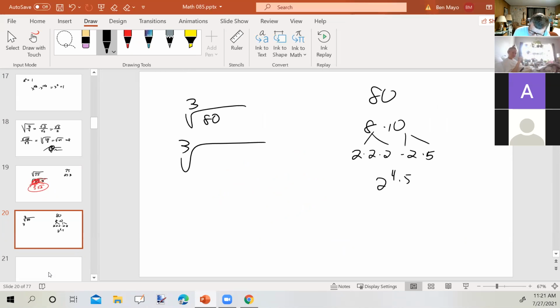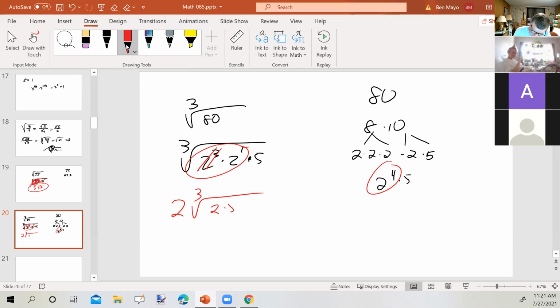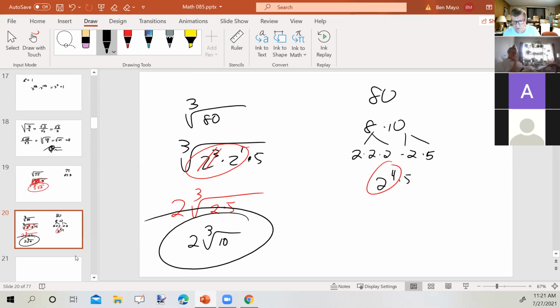Since we're dealing with a cube root, we'd break it apart like this, 2 to the 3rd times 2 to the 1st power. Then the cube root of 2 cubed is 2 outside, and inside I've got 2 times 5. And so then we take what's left inside and multiply it together like that.